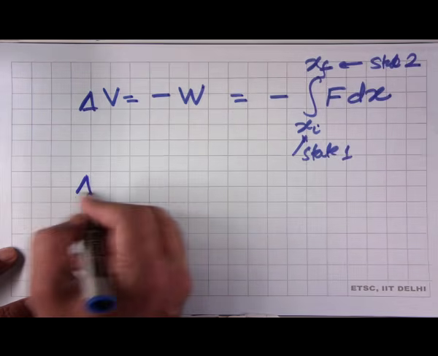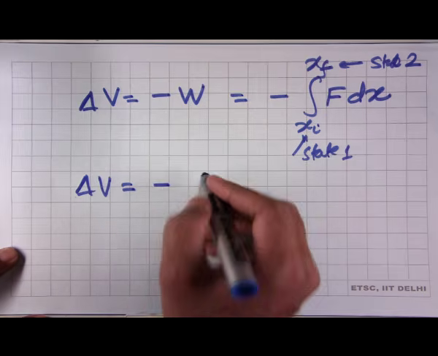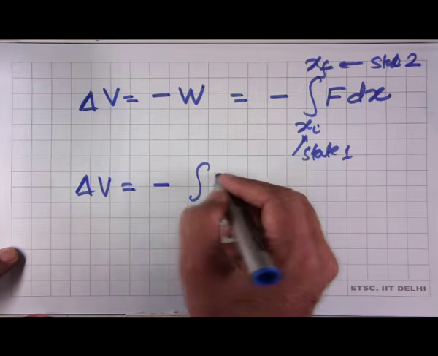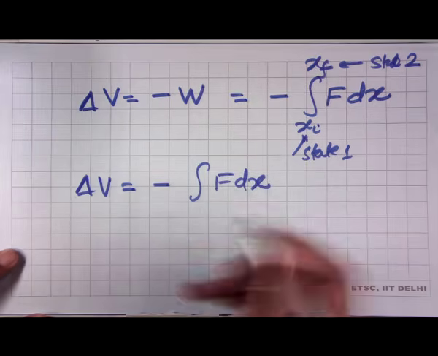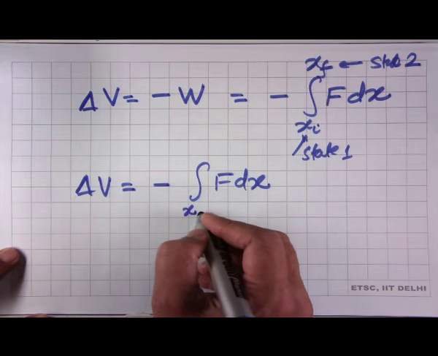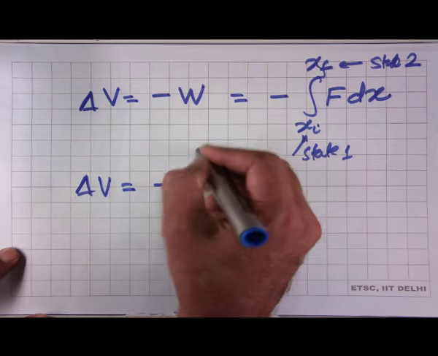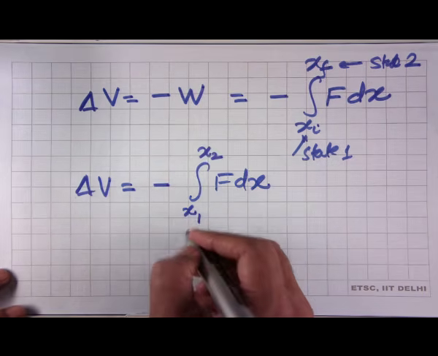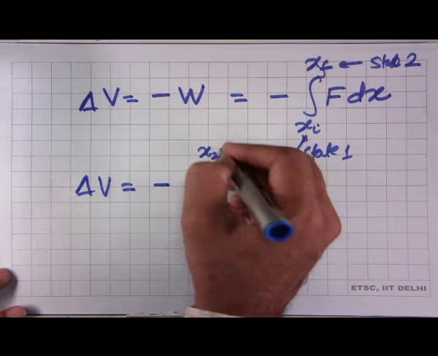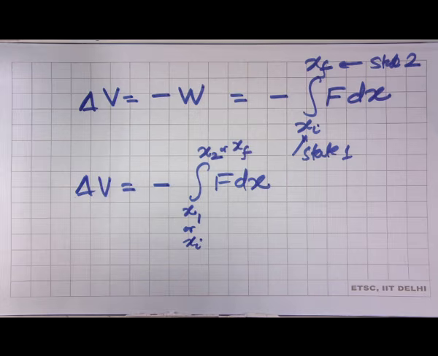So, change in potential energy will be given by minus the integral of f dx, from state x1 to state x2 or xi to state xf.